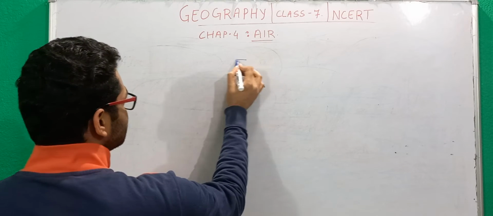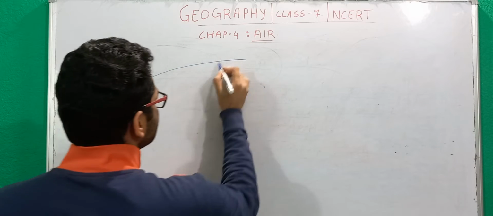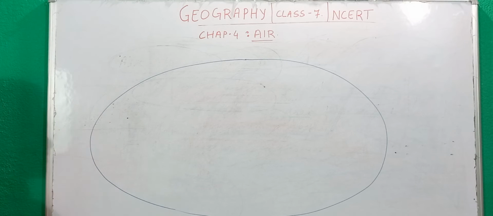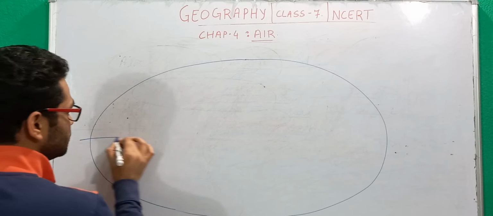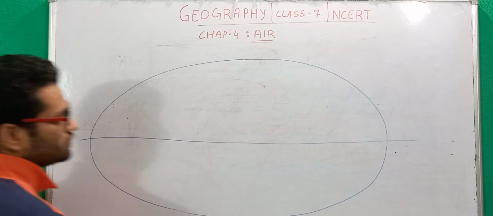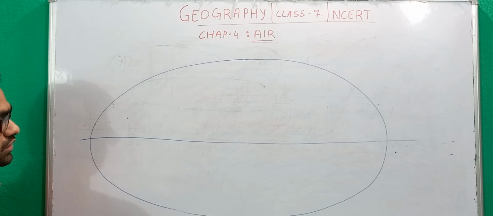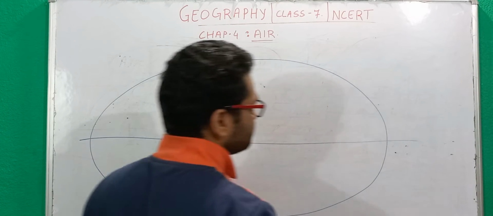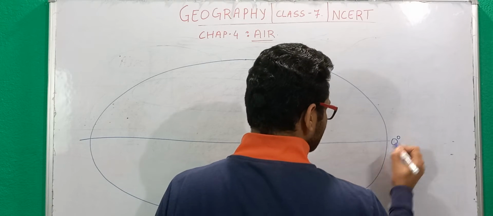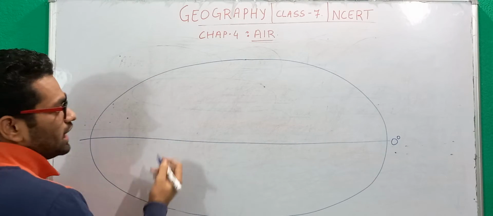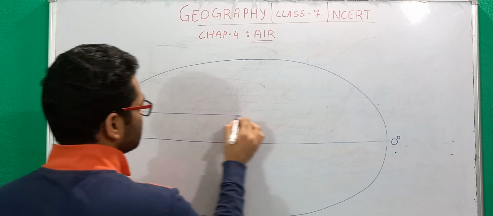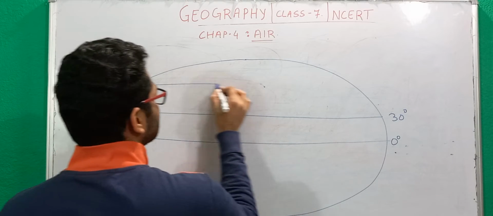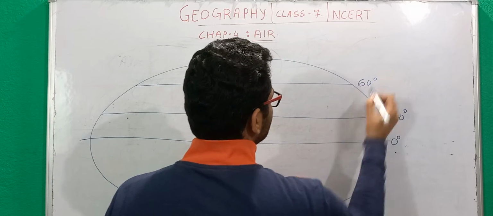So suppose this is the earth and this is the equator. The equator passes through 0 degree. So this is 0 degree, and above it, suppose this is 30 degree, and then we have a 60 degree line.